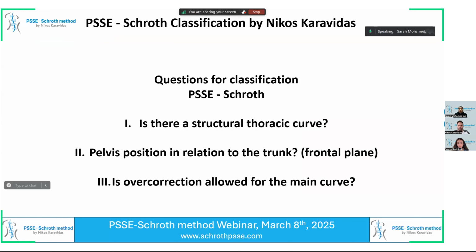If yes, there is a hump, we ask ourselves the second question: where is the pelvis in relation to the trunk in the frontal plane? The third question: is overcorrection allowed for the main curve or not?